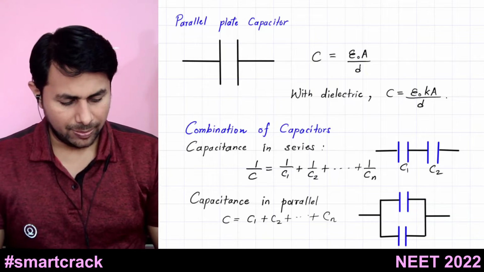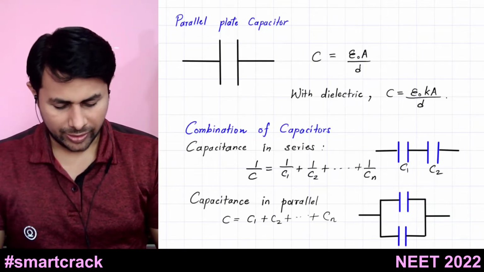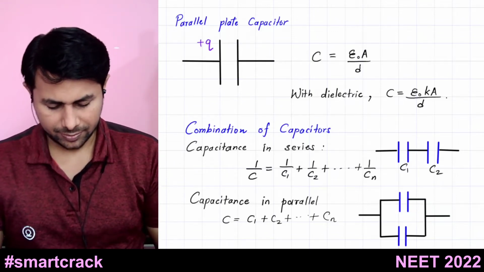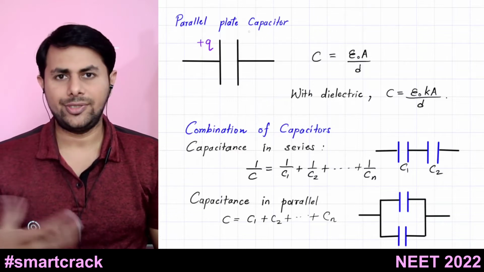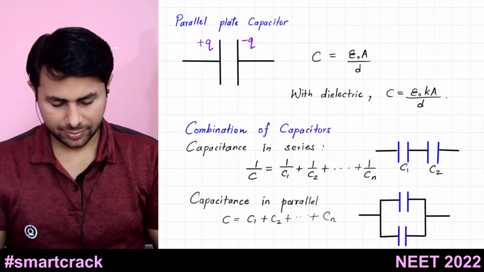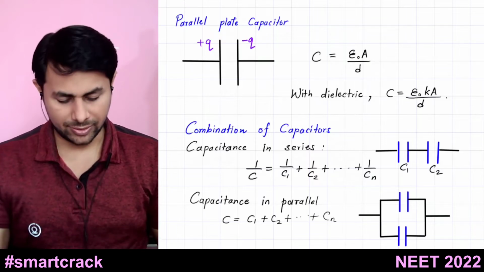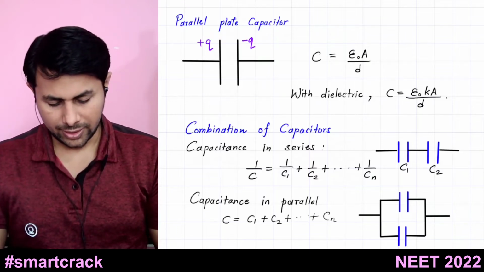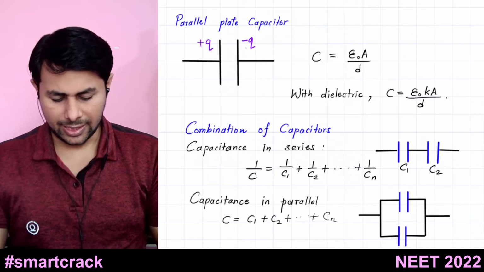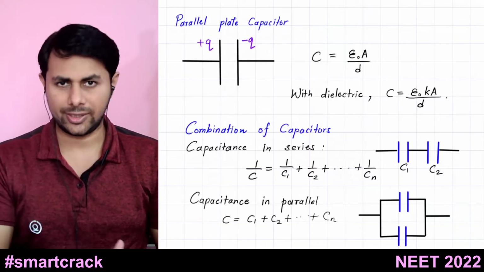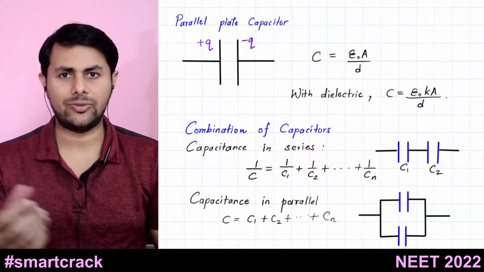You can put some charge, let's say plus q, on one of the plates, then an equal amount of charge, minus q, is induced on the near side of the other plate, and on the other side there will be plus q charge, which you will remove by grounding it.